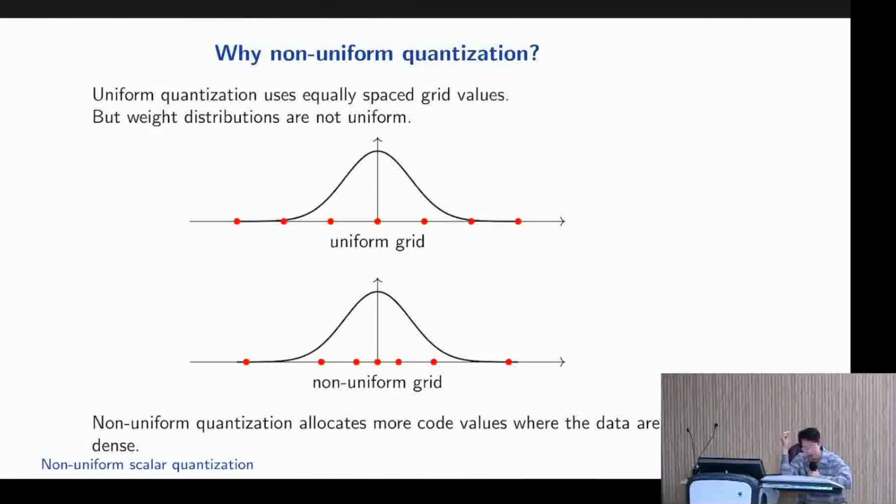Okay, so rotation is good, but it doesn't solve all the problems. For example, if we have this distribution of the weights, then if we do uniform grading, clearly it doesn't represent the data very well. So a better way is to do non-uniform grading.